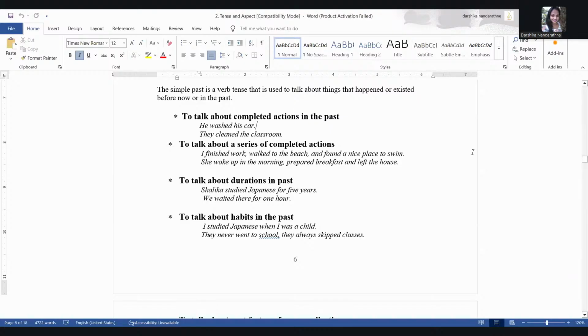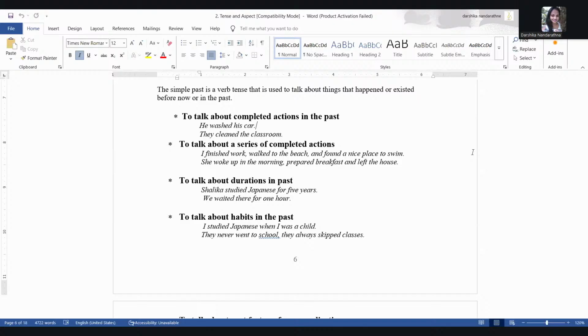We use simple past tense to talk about things or incidents that happened before now. Now is the present, before now that is the past. Things that belong to the past are explained by using simple past tense. Accordingly, we can use simple past tense to talk about completed actions in the past.